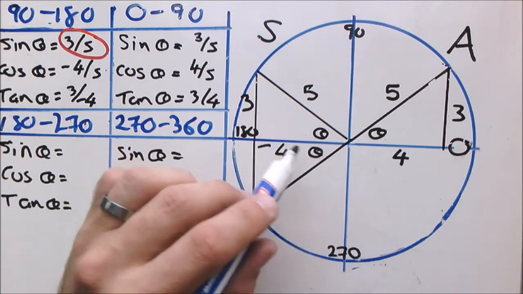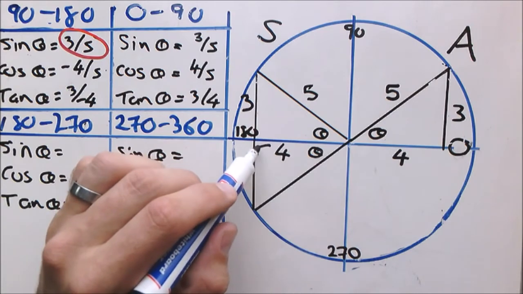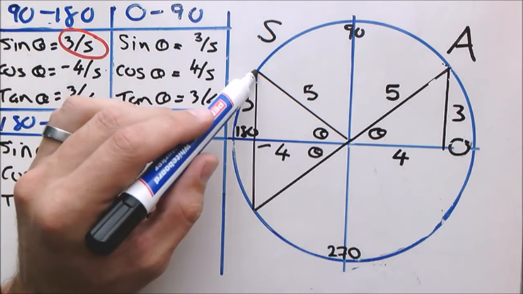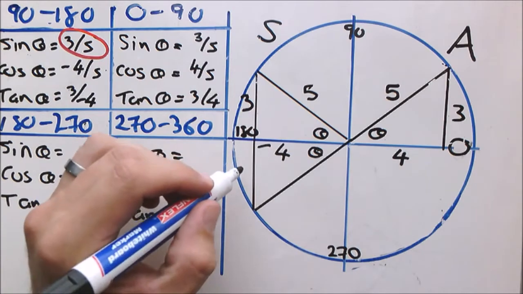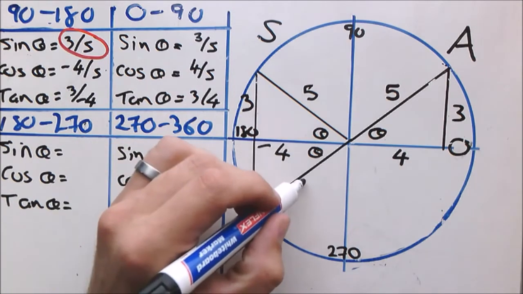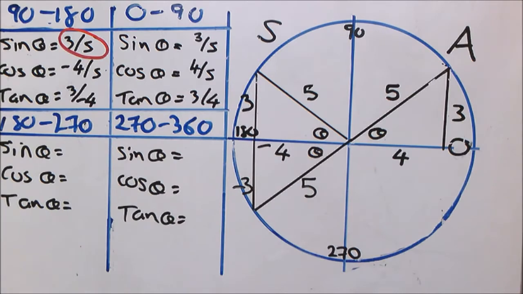The x coordinate will still be -4, but now from the second to the third quadrant it is being reflected around the x-axis, so this will become a -3. The radius is still a positive number and will be for the rest of this example and for any other scenario. So let's look at sine theta in this quadrant.